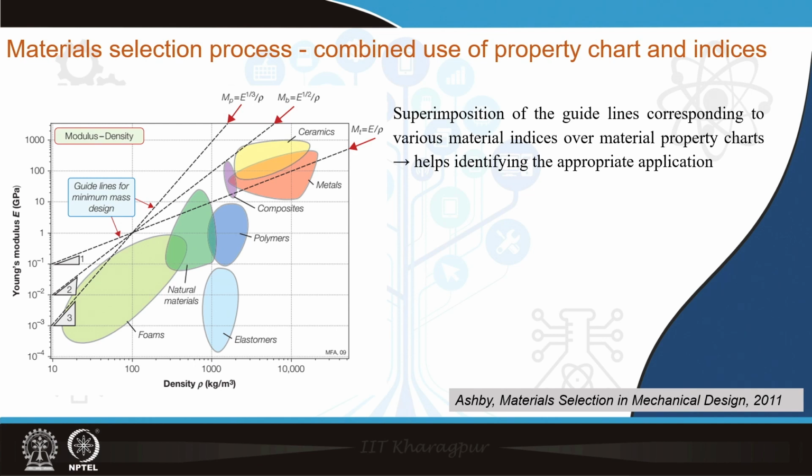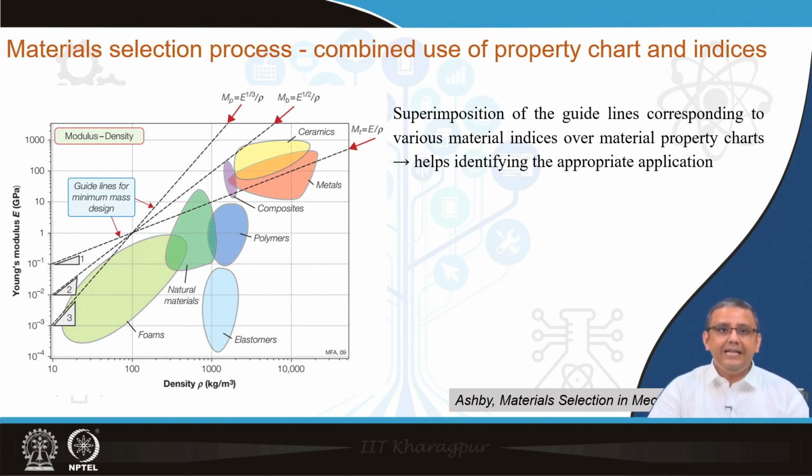Again, as we saw in the last lecture, if we have to find the line for this index, because E to the power 1/3 over rho is on a double log plot, it is simply contours of lines having a slope of 3. These slopes are shown over here, and in this particular plot, 3 slopes are shown.